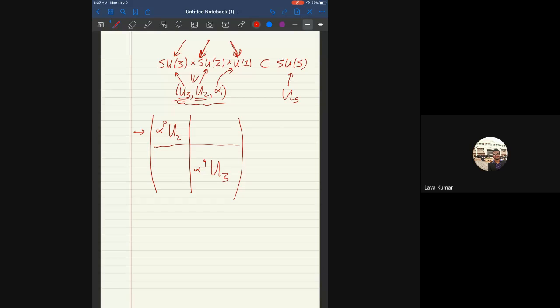So what we really want here is alpha to the 3 and alpha to the -2.